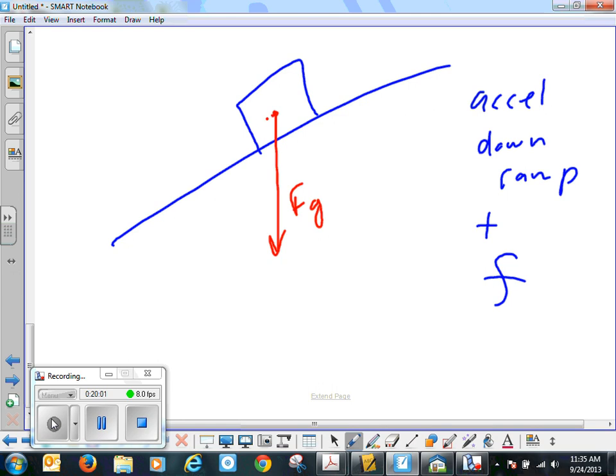This is the part of gravity that's down the ramp, so our friction has got to be less than that. It's got to be less. And then we'll have our normal force that is still equal to this in magnitude but opposite in direction. So that would be our free body diagram for acceleration down the ramp. Okay.